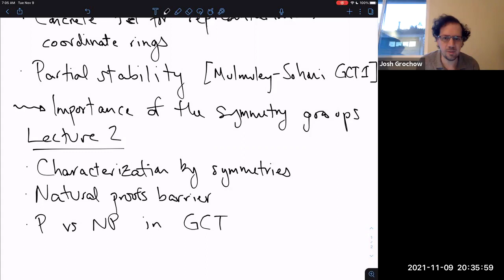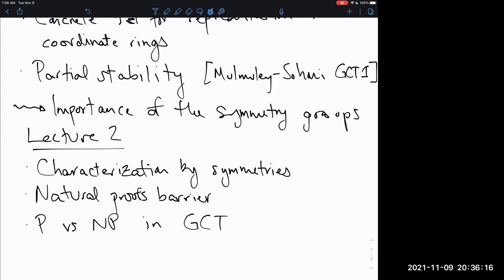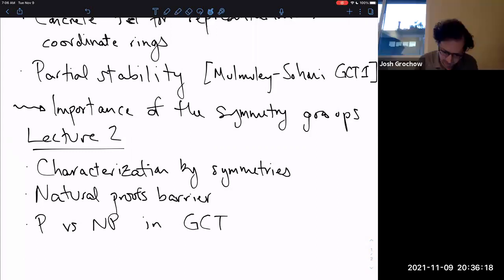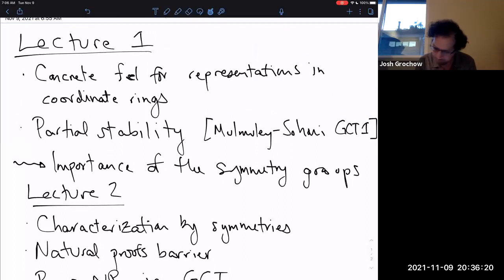So here, I mean actual P versus NP, not permanent versus determinant, not algebraic, actual P versus NP. And so natural proofs barrier, I'll give the exact references next time, but that's Razborov and Rudich, but the rest of this, the main ideas are mostly in GCT1 and 2.